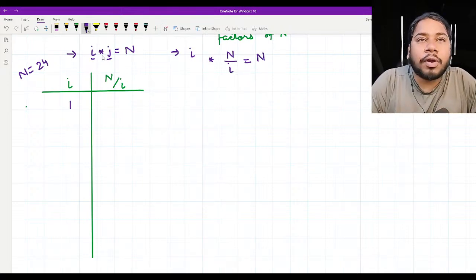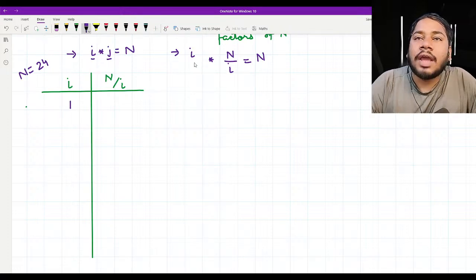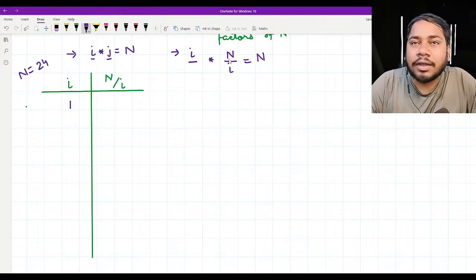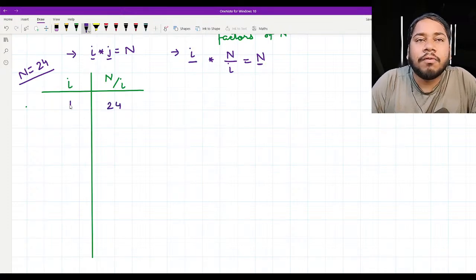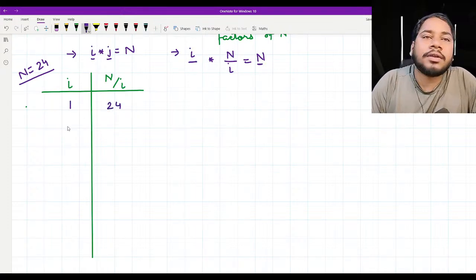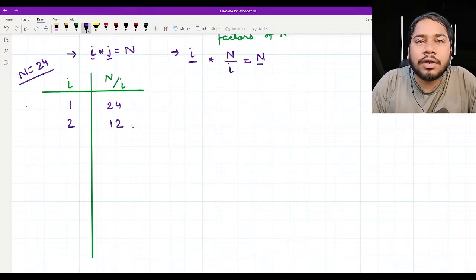So keep these 2 points in mind. If we multiply I and J and get N, then I and J both are factors. And if I is a factor, then N by I will also be a factor, because if we multiply both, we get N. If N is equal to 24, then 1 is a factor, 24 is also a factor. If 2 is a factor, 12 is also a factor.